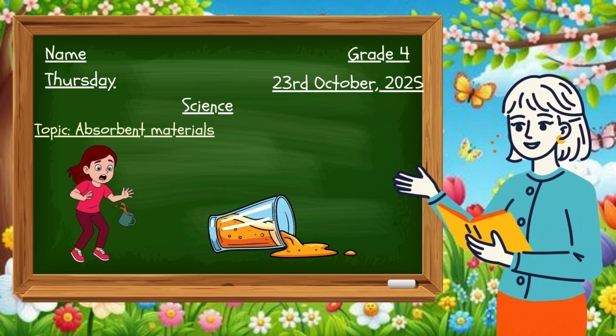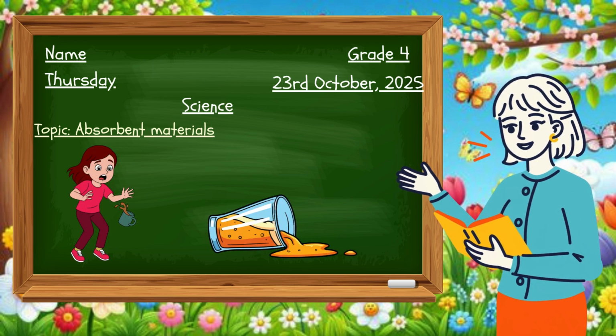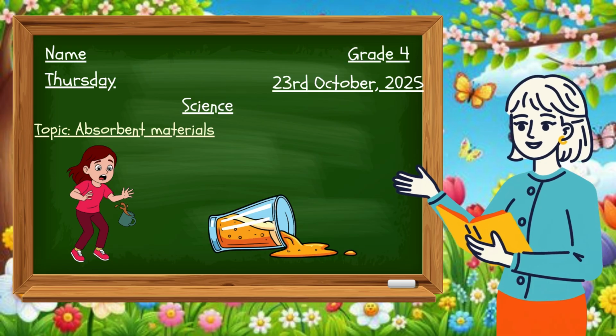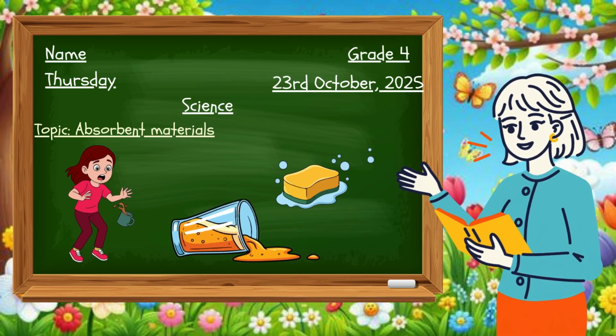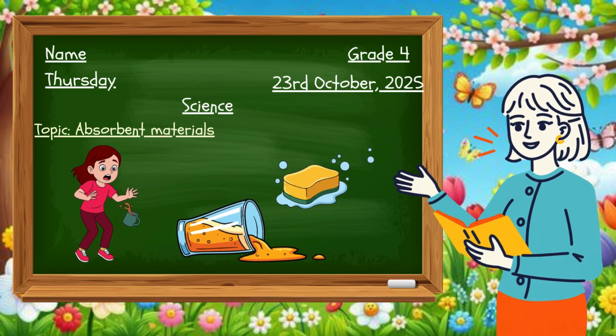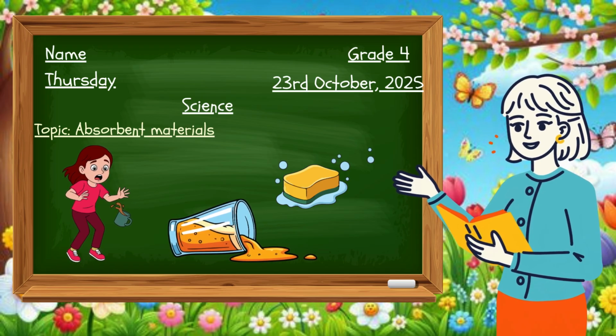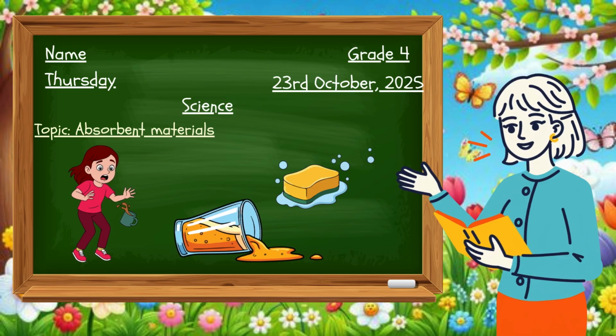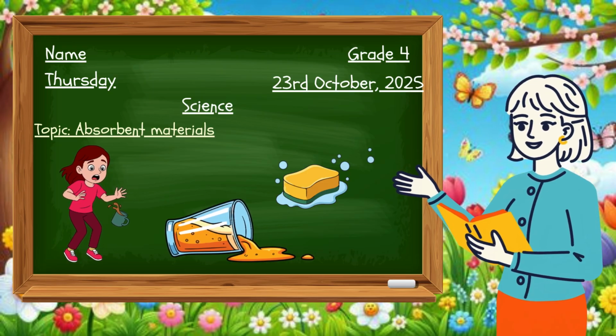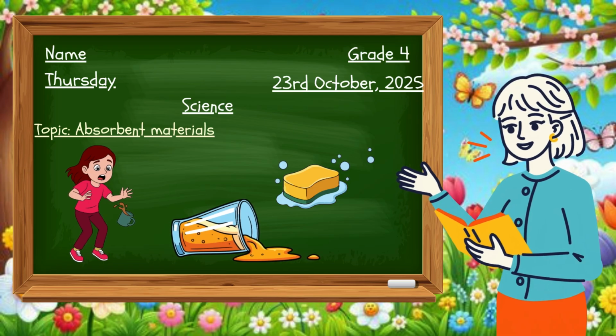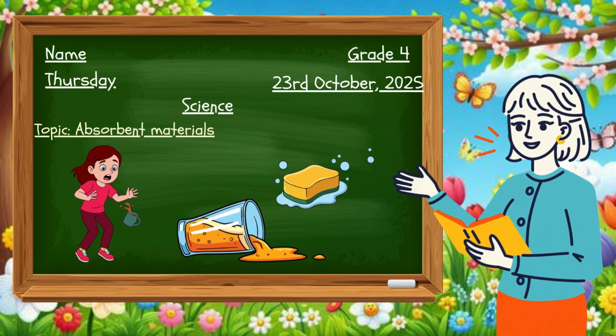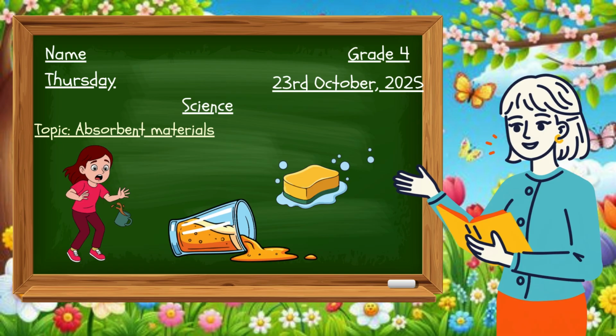Let's say mommy spills some drink on the floor and she uses a sponge to wipe up the drink. What do you think would happen? Very good. The sponge will absorb all the liquid.